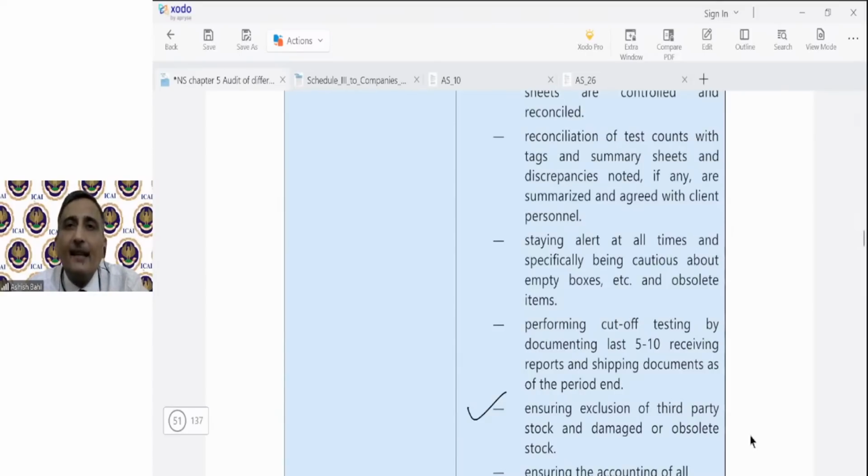This is not an asset of the company. This belongs to that organization which sent the stock for job work to our company. So this point, students, you have to remember clearly.